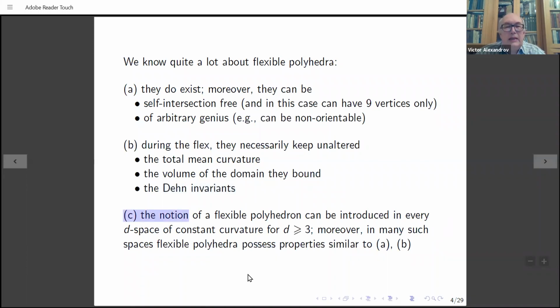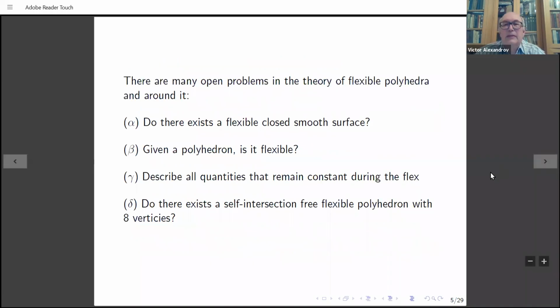Moreover, in many such spaces, flexible polyhedra possess properties similar to A and B. Similar, but not always exactly the same properties. Sometimes we need some additions to these formulations.